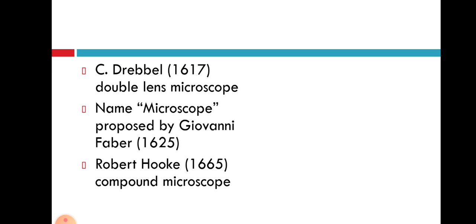The credit of developing a compound microscope with multiple lenses goes to Robert Hooke in 1665 from England.